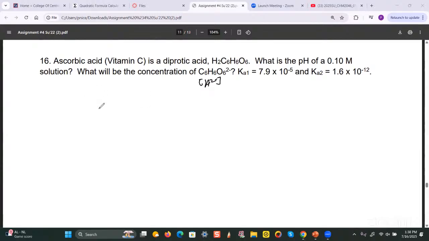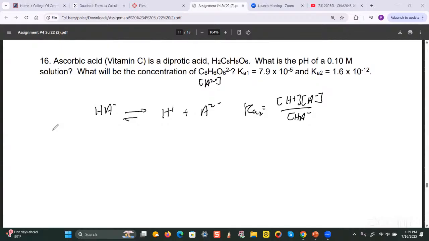In this case, we have to look at what happens when HA minus undergoes dissociation to form H plus and A2 minus. And the Ka2 value is the equilibrium constant for that, which is the concentration of H plus times the concentration of A2 minus over the concentration of HA minus, all right?